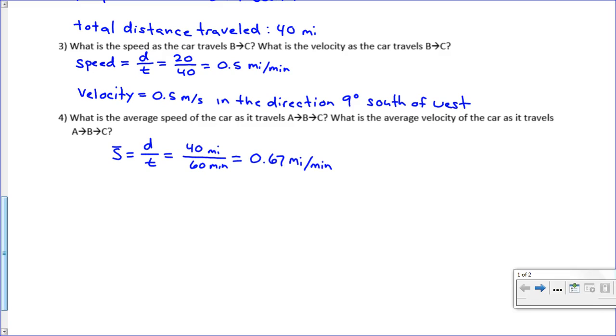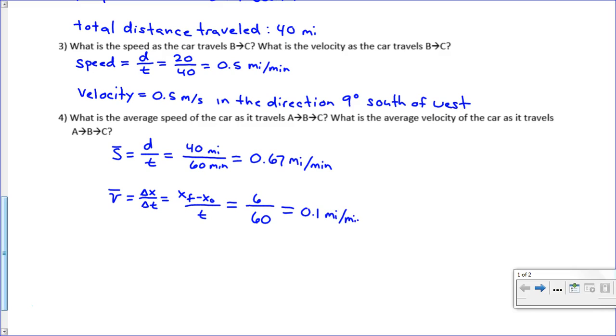Now your average velocity, we're looking at the displacement over time, which is delta x over delta t, or you could say x final minus x initial over t, which in this case, if you're just comparing A and C, because we don't care about the path for displacement, we said that it is 6 miles south, and the time it took was 60 minutes, and so that's 0.1 miles per minute.